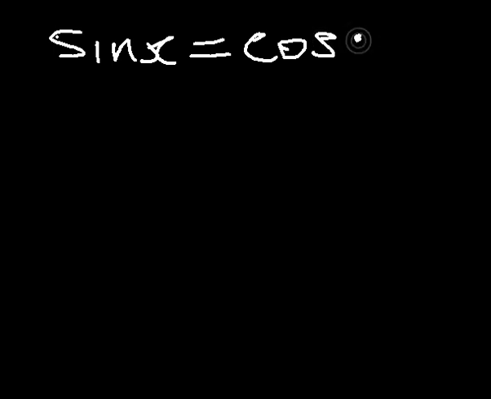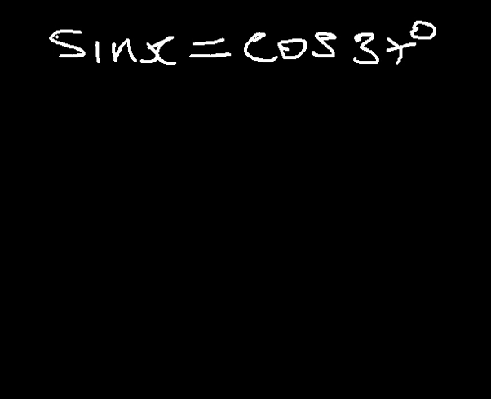Now solve the following equation. Let's say we have sin x is equal to cos of angle 37. Now what is the value of x if this is the case?